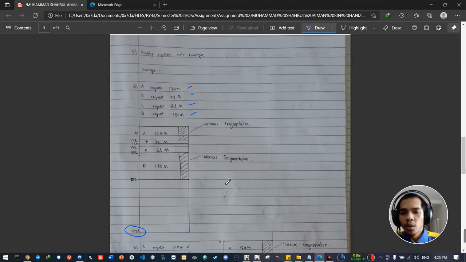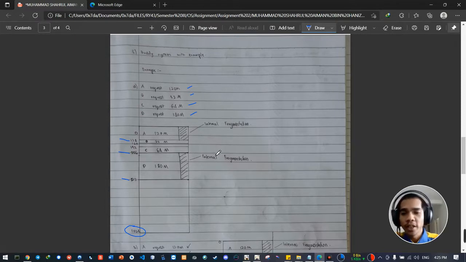First, process A. We divide the 1024 into 2, so we get 512. It is still too big for process A, so we divide 512 into 2, so we get 256. It is still too big, so we divide 256 into 2, so we get 128.